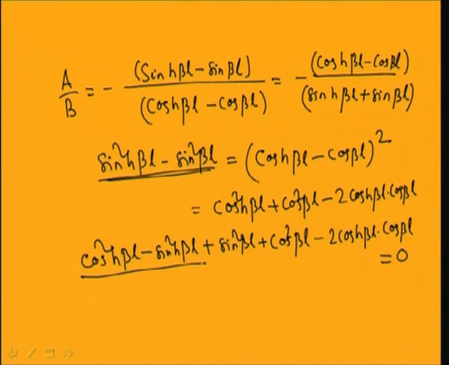So, you know already cos square hyperbolic beta L minus sin square hyperbolic beta L equal to 1. Similarly, sin square beta L plus cos square beta L equal to 1. So, this becomes 2 minus 2 cos hyperbolic beta L into cos beta L equal to 0.